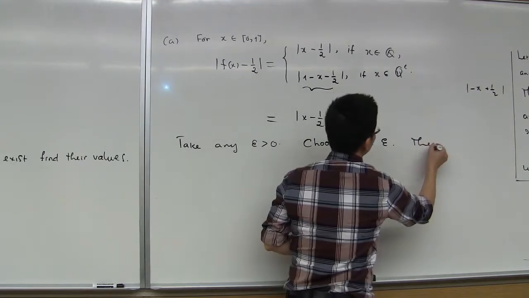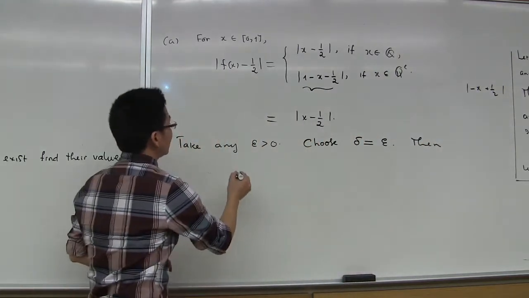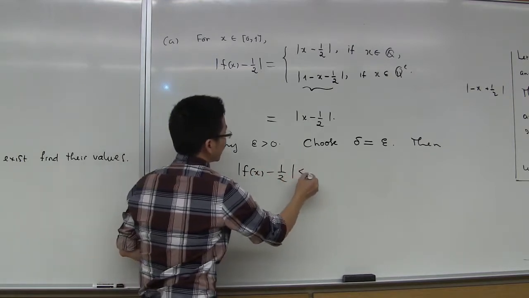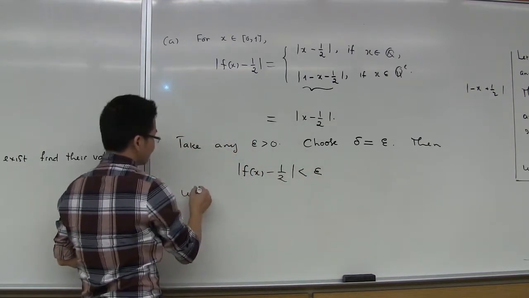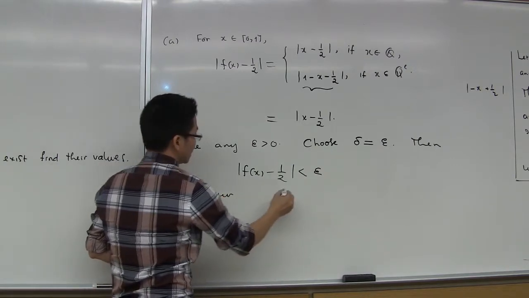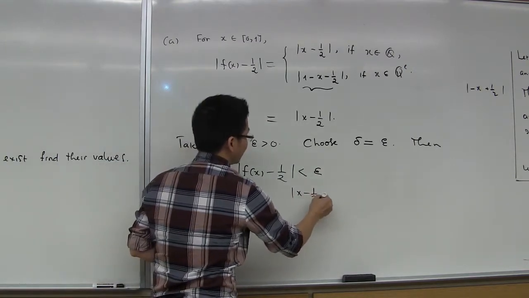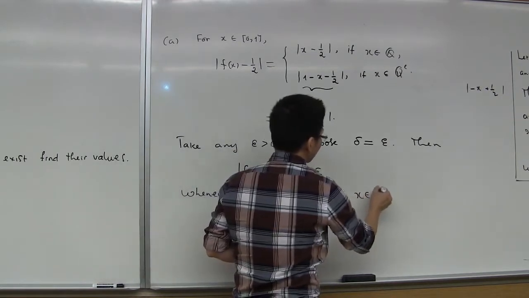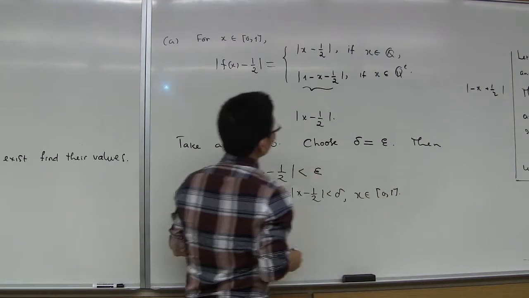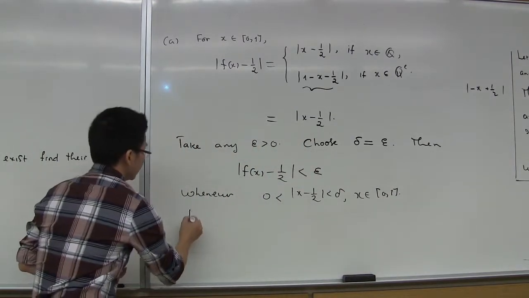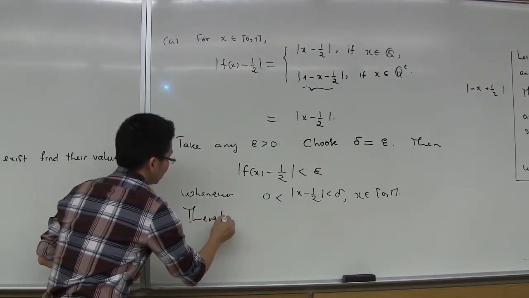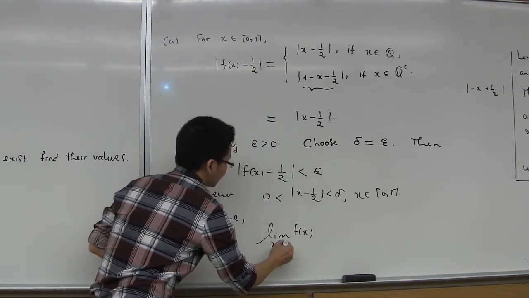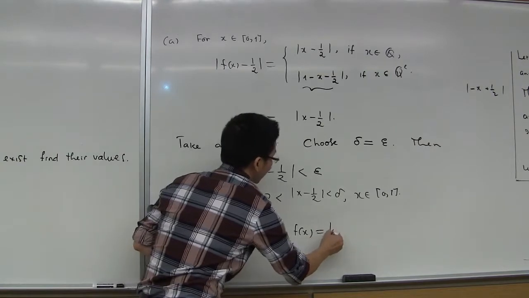Then we can easily see that the absolute value of f(x) minus 1/2 is less than epsilon whenever the absolute value of x minus 1/2 is less than delta and greater than 0, and x here is in the interval [0, 1]. So by the definition of limit, the limit of f(x) as x approaches 1/2 is 1/2.